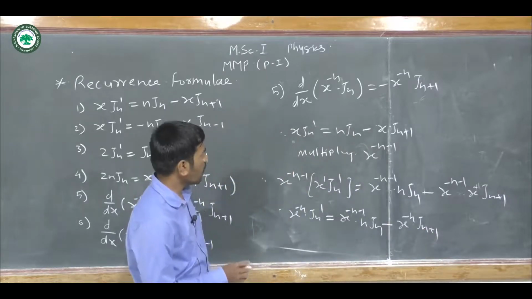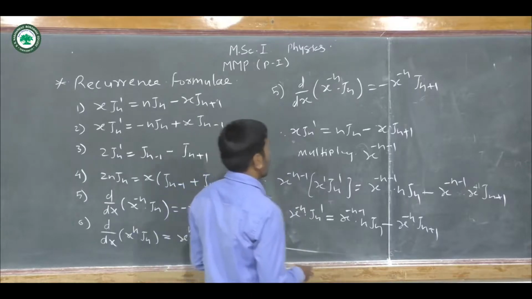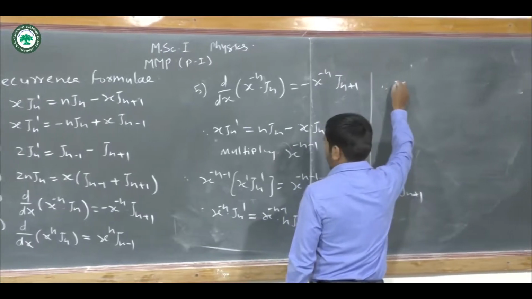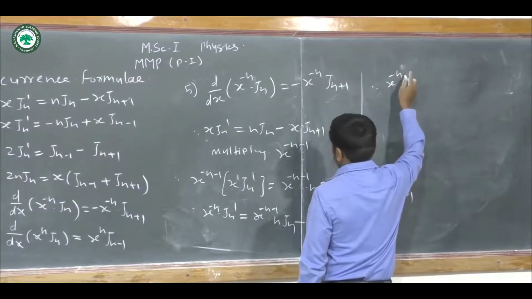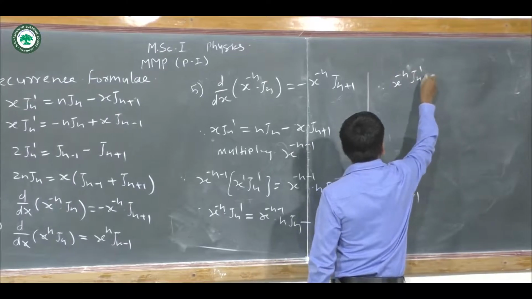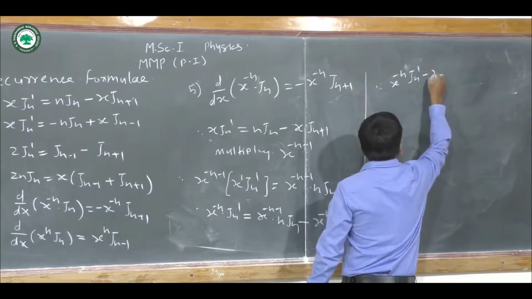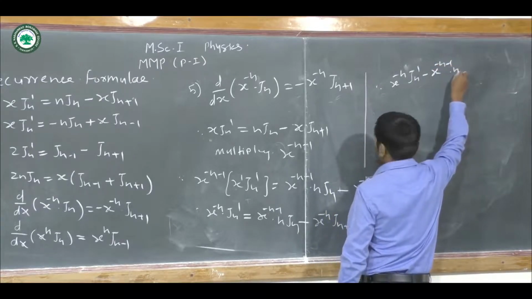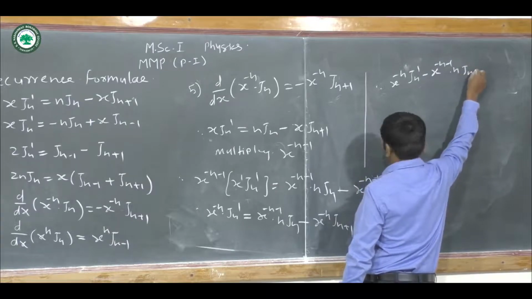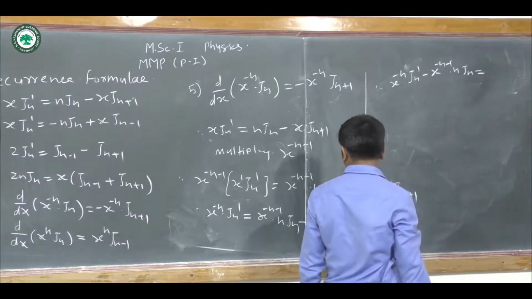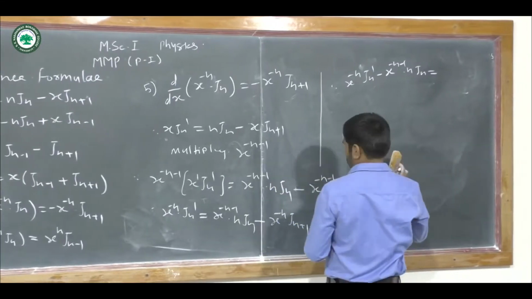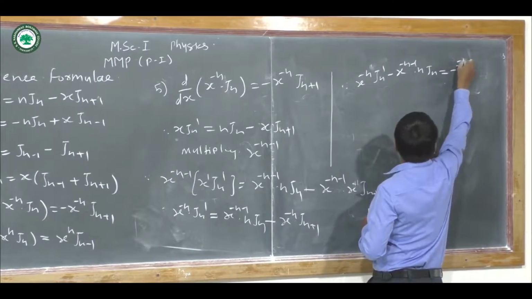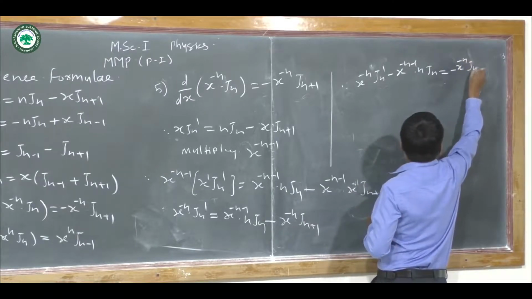So you can write x power minus n into Jn prime minus x power minus n minus 1 into n Jn is equal to minus x power minus n into Jn plus 1.